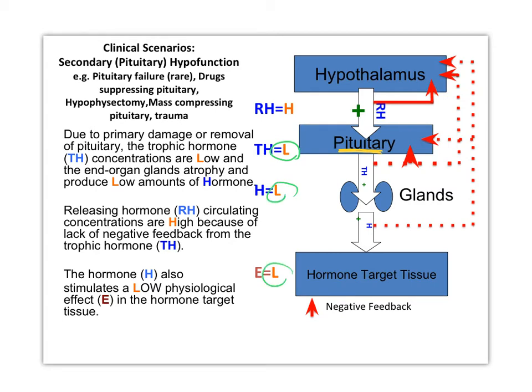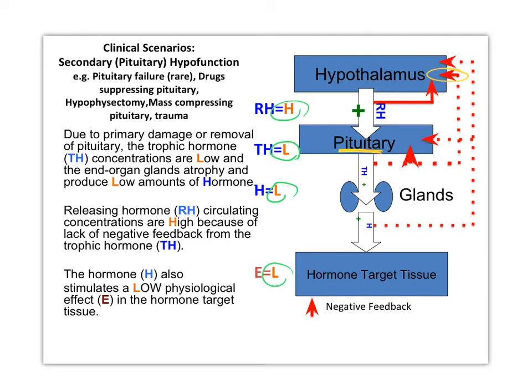What would be the negative feedback in theory, although we almost never can measure this directly, is that in theory we would have a high releasing hormone because the negative feedback from the pituitary to the hypothalamus is low, and you can see that from the lack of negative feedback to the hypothalamus.